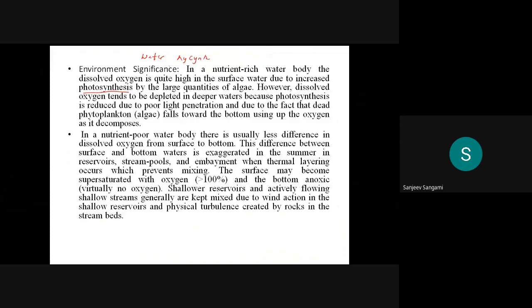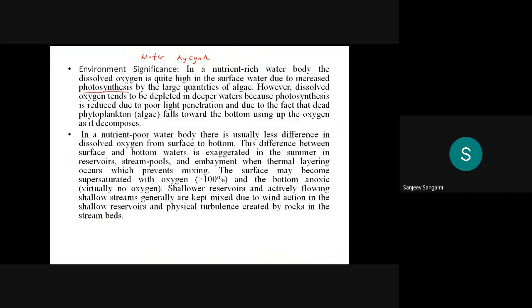If it is there in the water, we can say that some of the nutrients are also more, and it will give some photosynthesis. Once the photosynthesis is happening, of course, there will be a slight increase in the dissolved oxygen.